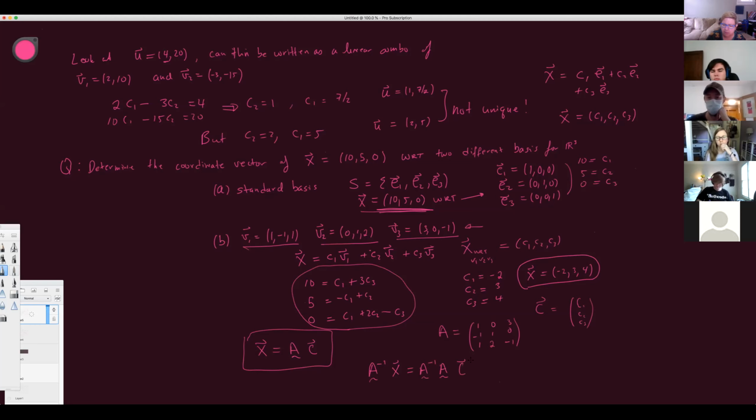And there's C. On this side, this becomes the identity matrix times C, which I'm just going to write as C. So if we can find the inverse and multiply x by matrix multiplication, we'll get C back.